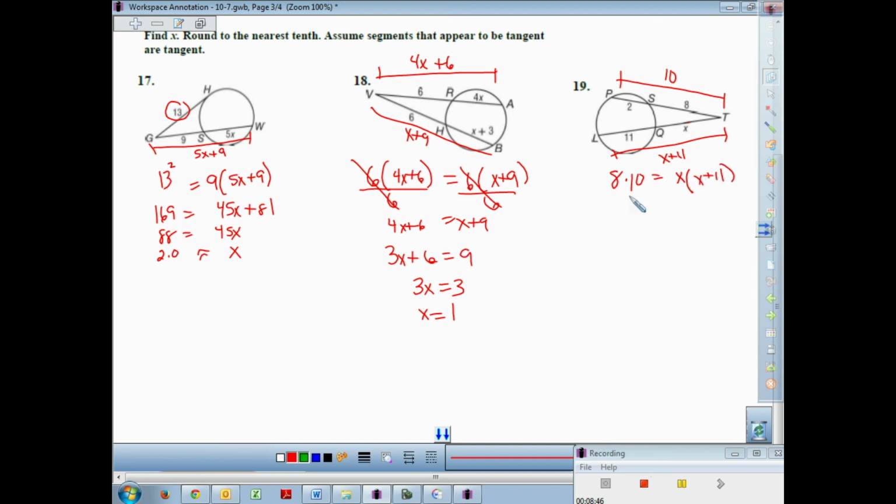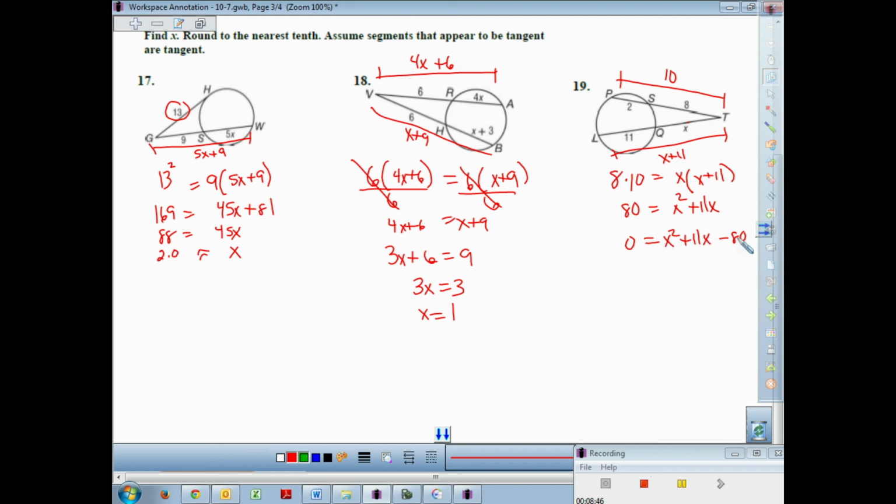And even though this is nice and kind of in factored form right here, it's not equal to 0, so we got to always get this stuff equal to 0. So this is 80 equals x squared plus 11x. I went ahead and distributed that through. And it is a quadratic, but it's not equal to 0, so 0 equals x squared plus 11x minus 80.